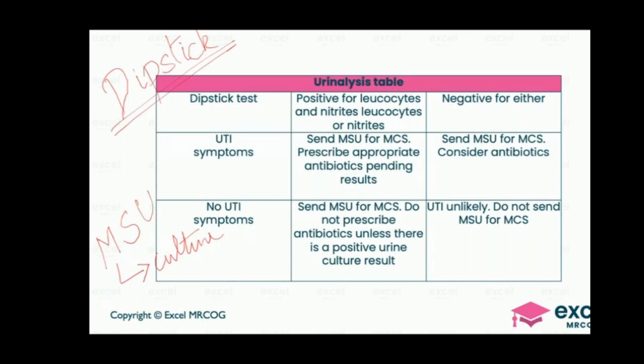Midstream urine is sent if, when would you send? In this case, would you send midstream urine for culture? Say it is positive for both leukocytes and nitrites. What would you do? Dr. Anam, can you please elaborate? What exactly is the question?